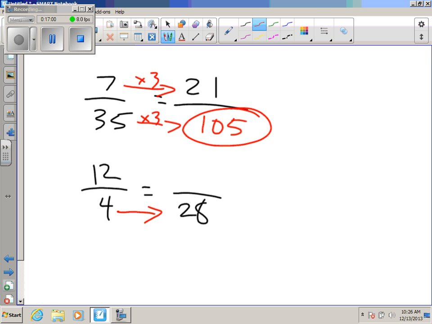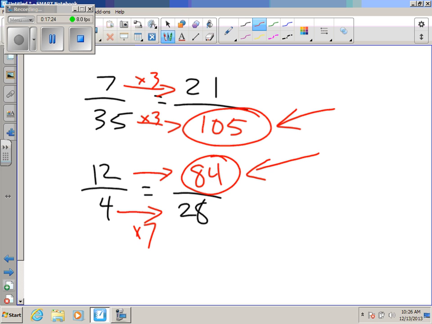So to get from 4 to 28, I've got to multiply by what? So then 12 times 7 becomes what? 84. You're just finding the missing value. So when I circle, this is what we need. That's our missing number.